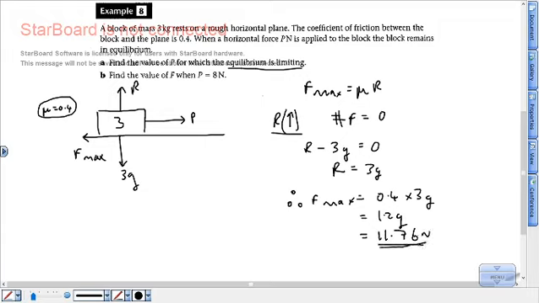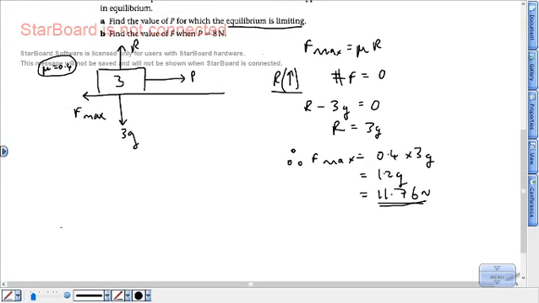So that's the maximum the friction can ever provide. So to find the value of P, P can match that, only match it, you can't exceed it. So the answer for part A: P can only ever equal at most 11.76 newtons to remain in limiting equilibrium.